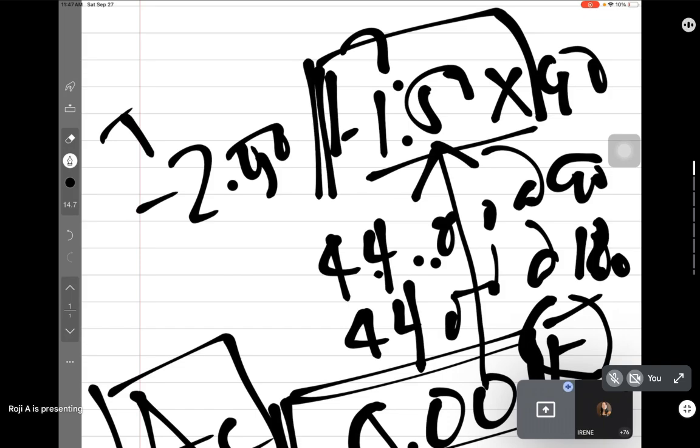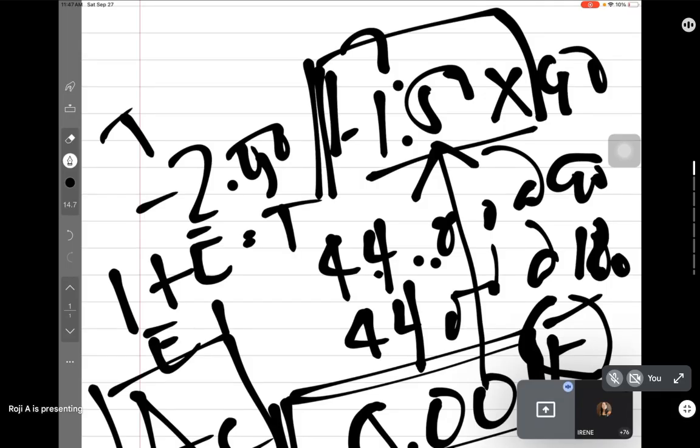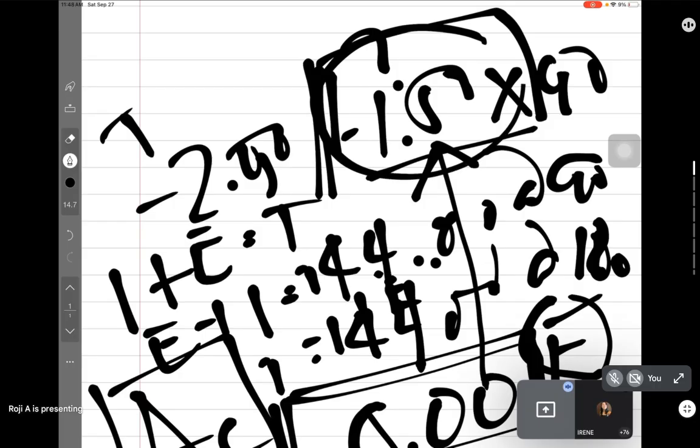Remember the formula, Irene: I plus E equals T, or E plus I equals T, or T is equal to I plus E. Use that. Where is this from?